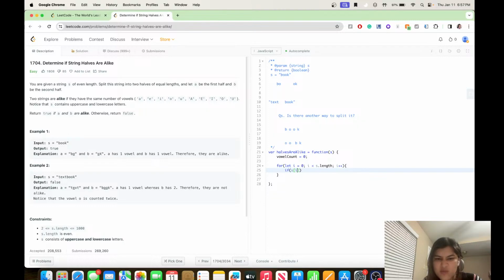I was thinking that I will just skip the separate vowel count and increment in the first half and decrement in the second half. If it is not equal to 0, then it would be false, but let's make it simple.